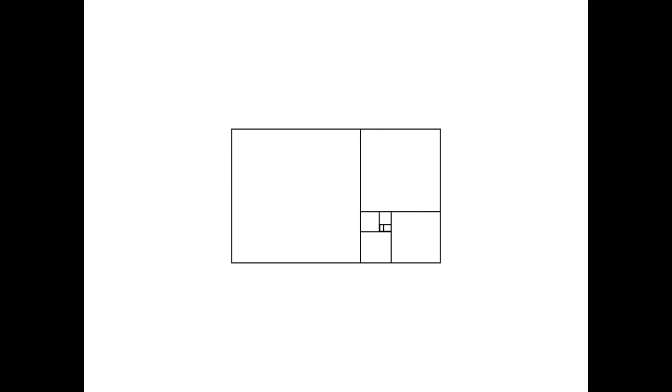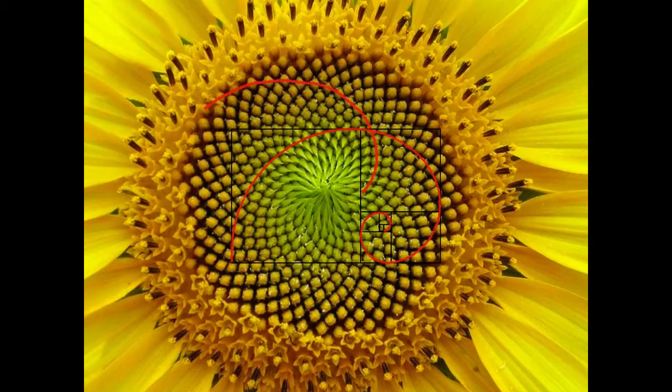There's another way to draw this set of rectangles, and it goes like this. With our rectangles arranged like this, we see that we can produce a very familiar curve. And here it is, placed on our sunflower.